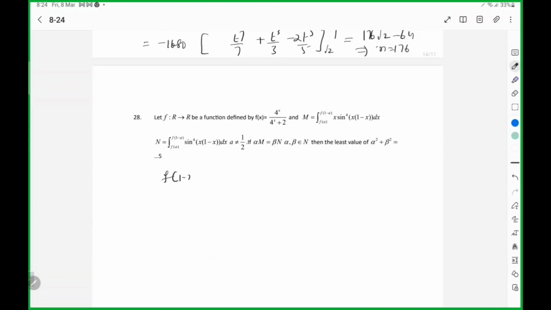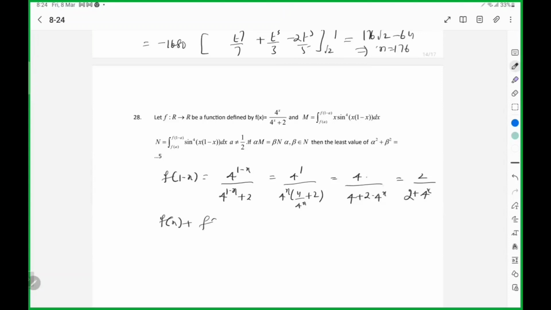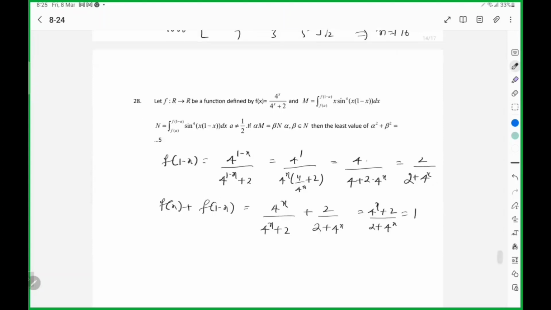This one, f of 1 minus x is 4 power 1 by 4 power x, 4 by 4 power x plus 2, that is 4 into 4 plus 2 into 4 power x. So f of x plus f of 1 minus x is 4 power x by 4 power x plus 2 plus 2 by 2 plus 4 power x, which is 1.